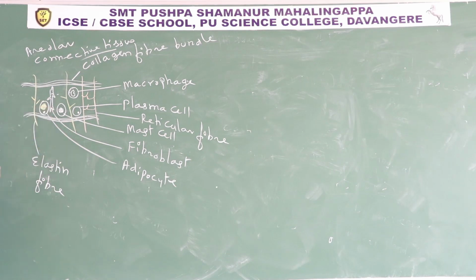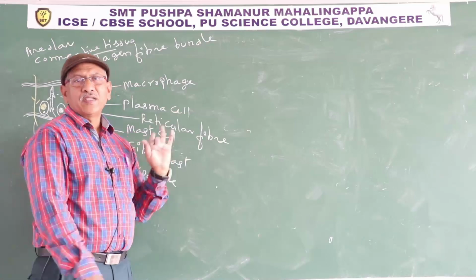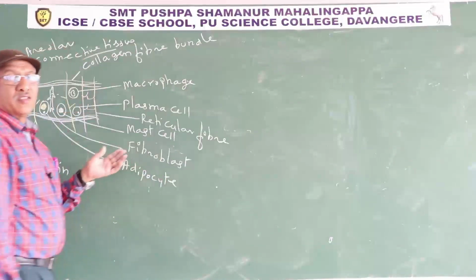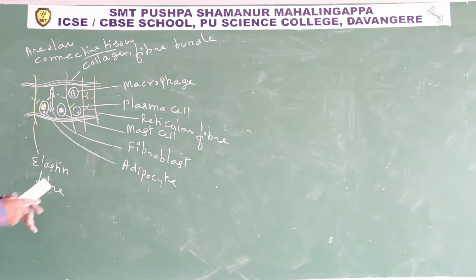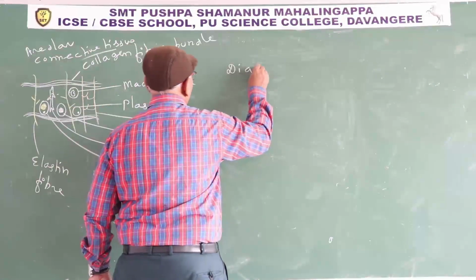Mast cells. Mast cells are nothing but basophils present in connective tissue. Basophils are blood cells. Why are blood cells present in the connective tissue? All WBC escape from the blood vessel and enter into various tissues. This process is known as diapedesis.